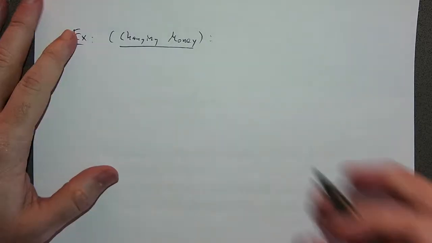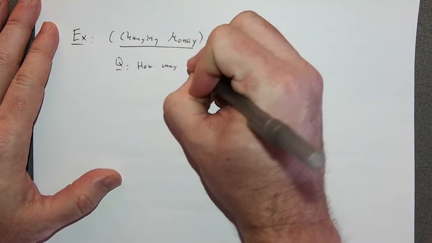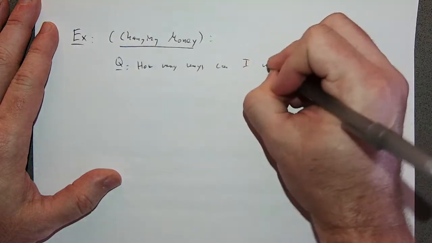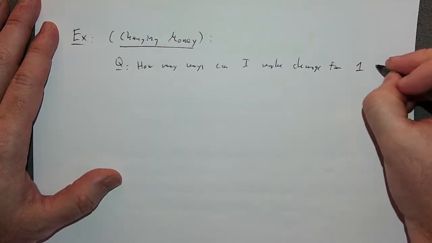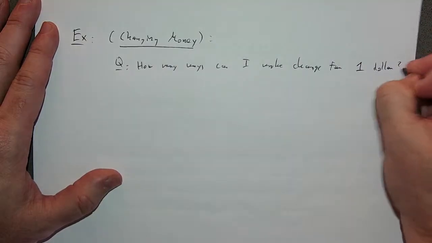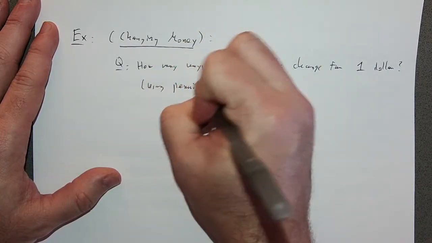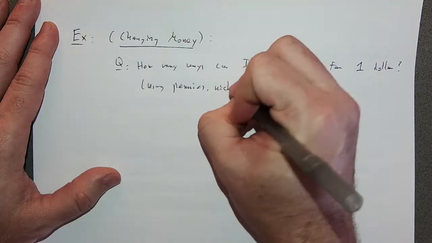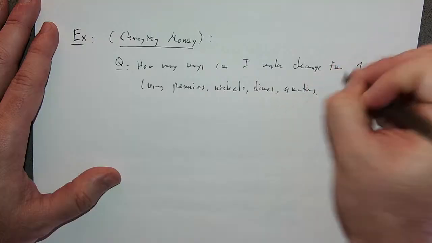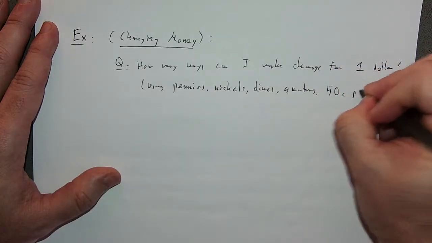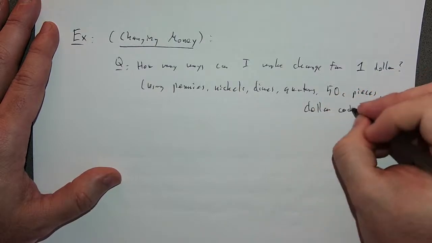So this is changing money. Just a quick question. How many ways can I make change for $1? And of course, this is using pennies, nickels, dimes, quarters, 50-cent pieces, dollar coins, which do still exist.